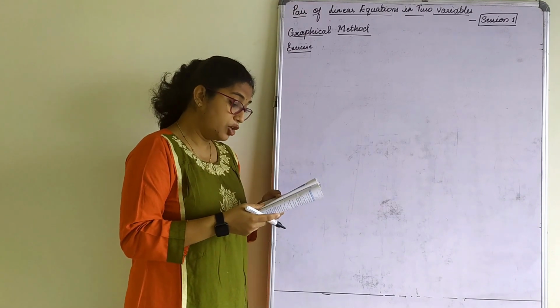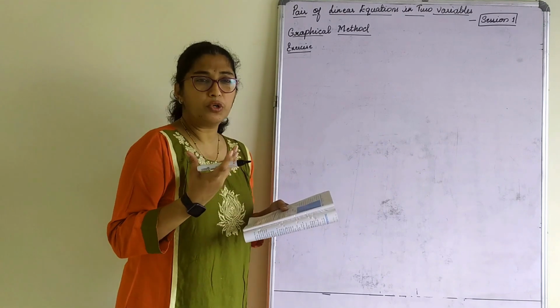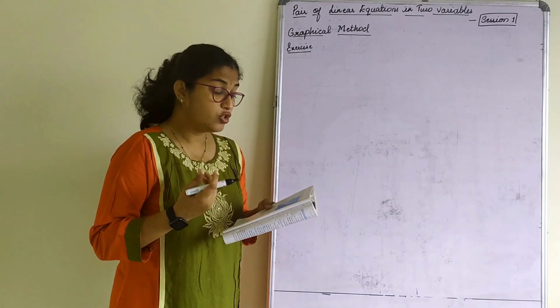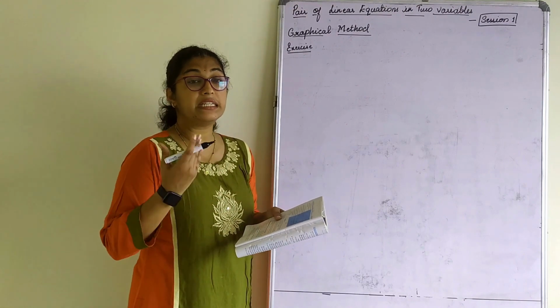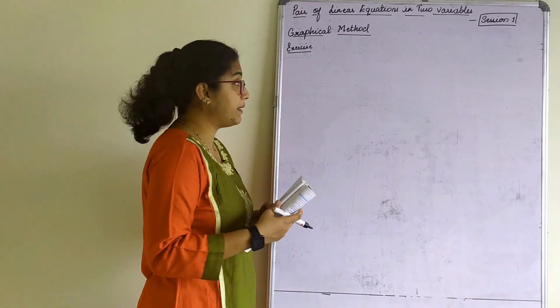Aftab tells his daughter 7 years ago. So Aftab tells his daughter, now both the ages are unknown, right? So let us consider the present age of Aftab and his daughter to be x and y respectively.